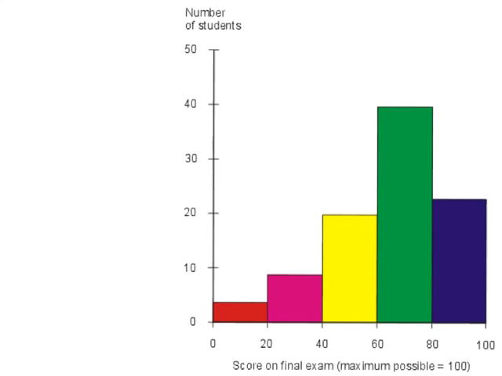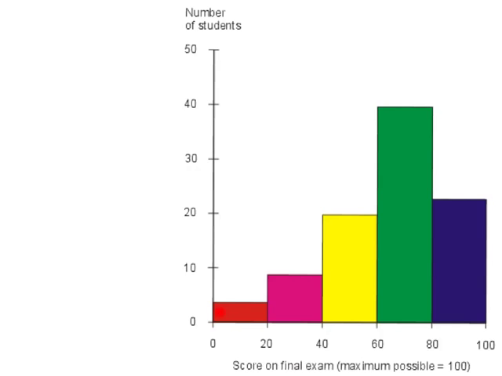Here's another example with test scores and students. Here for the frequency we are going to put the number of students, and here are the score ranges: 0 to 20, 20 to 40, 40 to 60, 60 to 80, and 80 to 100. You can see that most children scored in the 60 to 80 range on this final exam.